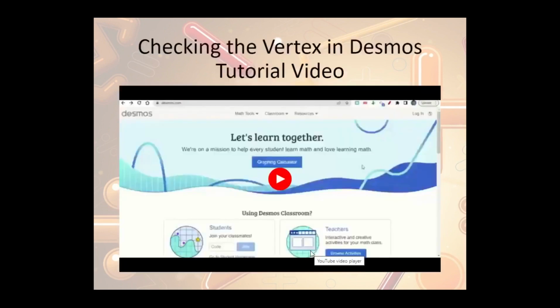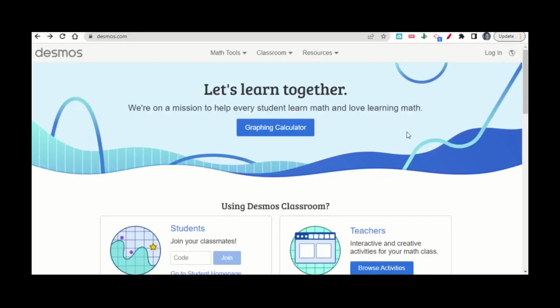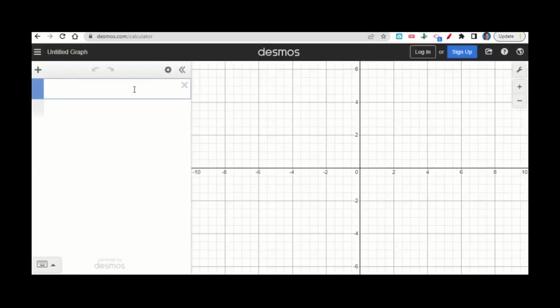Now there's a video here showing you how you can use Desmos to check your work when trying to find the vertex of a quadratic. So go ahead and watch that video now. Now let's take a look at how we can use Desmos to check our work when checking the location of the vertex of a quadratic. So we go to Desmos.com and we click on Graphing Calculator.